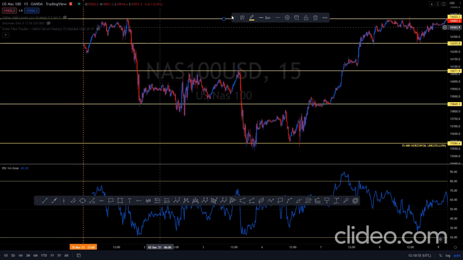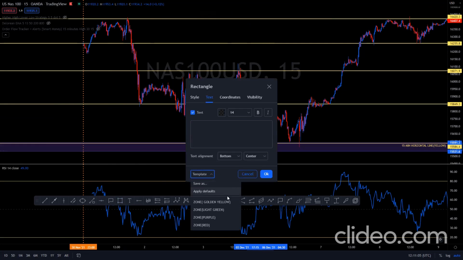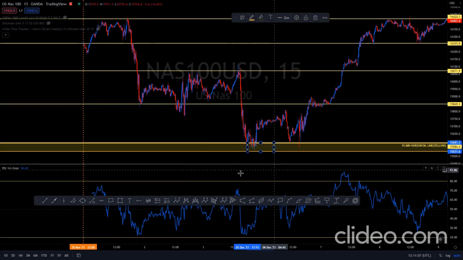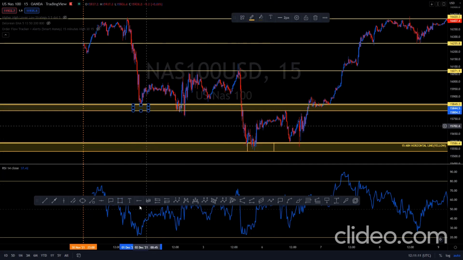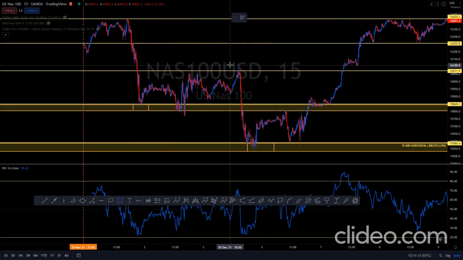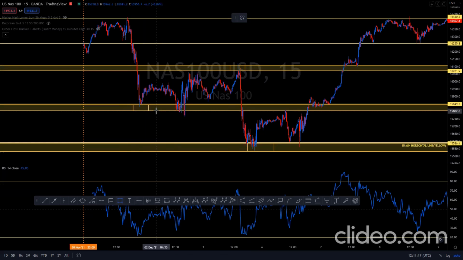And so now what we're going to do is mark up our zones right behind these areas. This is going to be yellow for the 15-minute time frame. And I pretty much do this repeatedly from the 15-minute to the 4-hour.